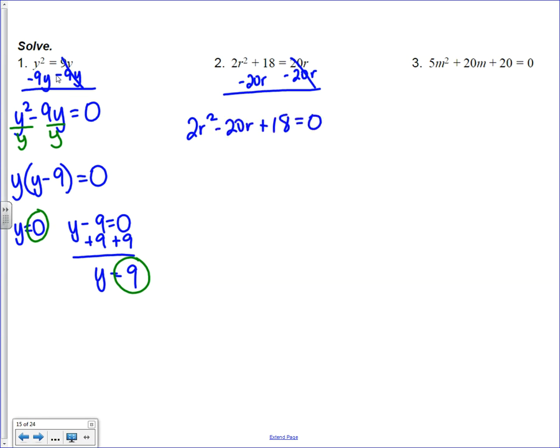Okay, first question is there a GCF? What can I divide them all by? By 2, all of these are divisible by 2. So we're going to pull a 2 out front. If I divide them all by 2, what's left? R squared minus 10r plus 9.